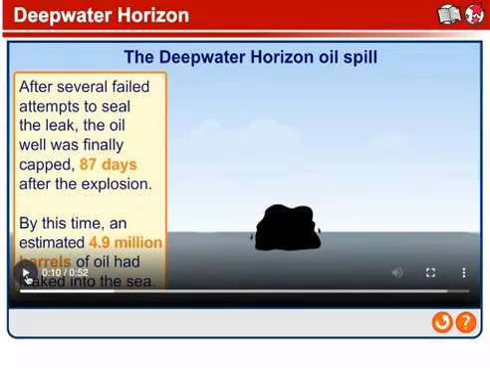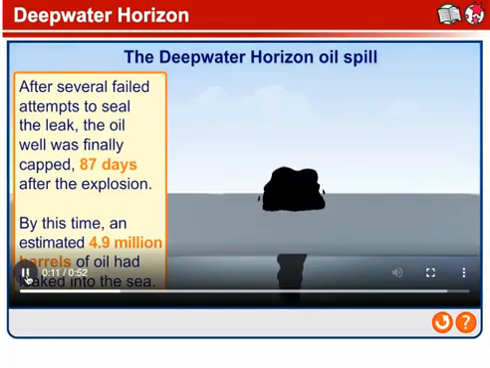After several failed attempts to seal the leak, the oil well was finally capped 87 days after the explosion. By this time, an estimated 4.9 million barrels of oil had leaked into the ocean.